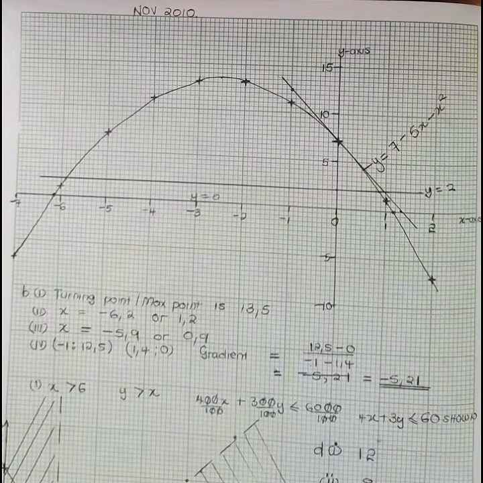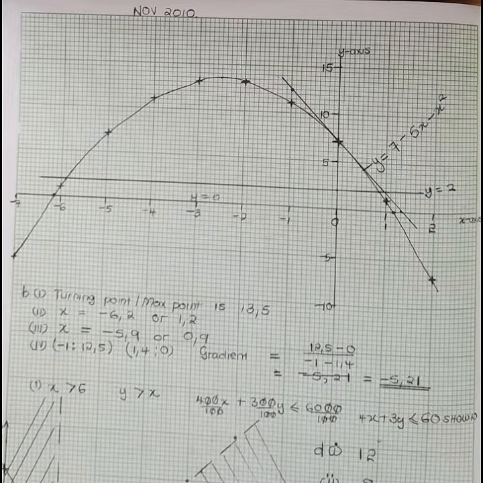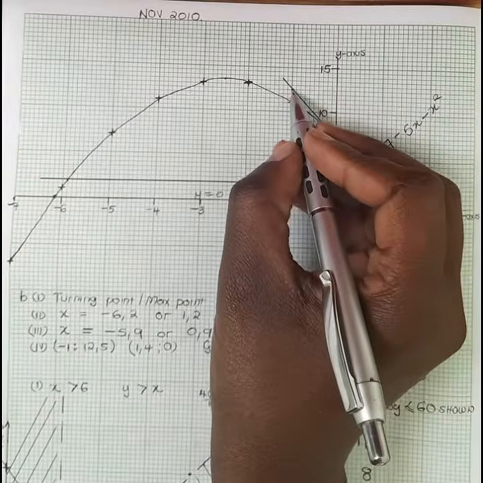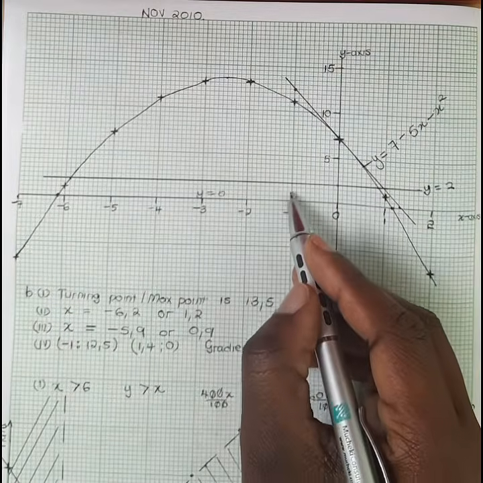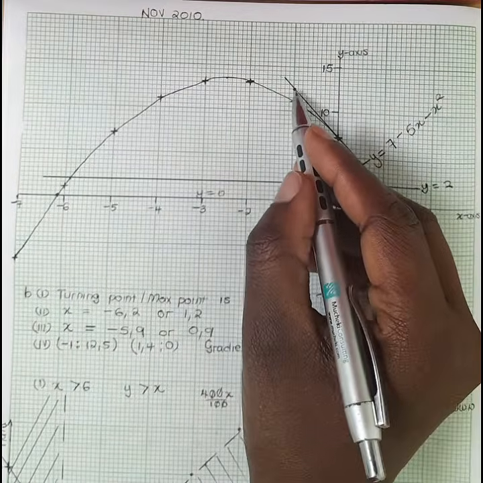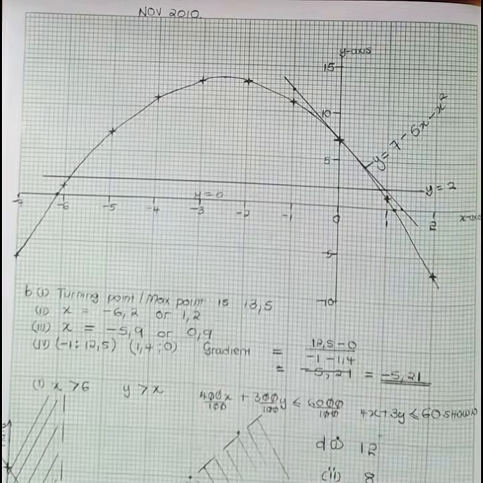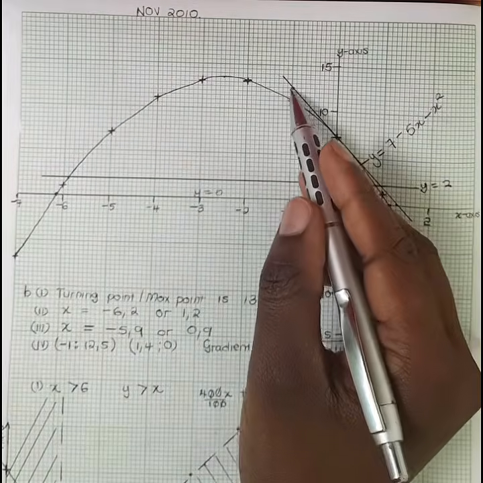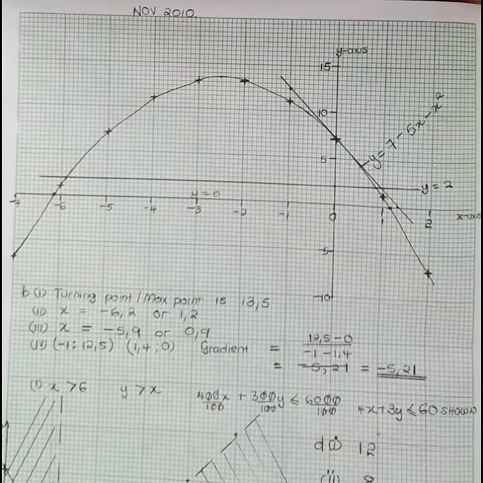After drawing the tangent, you need to take end points on that tangent, and then you say gradient is equal to change in y over change in x. For example, in this case, we can take this point, it is minus 1 on the x-axis and 12.5 on the y-axis.